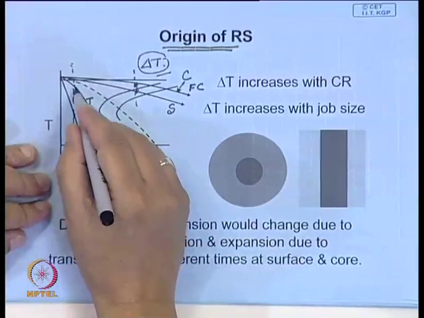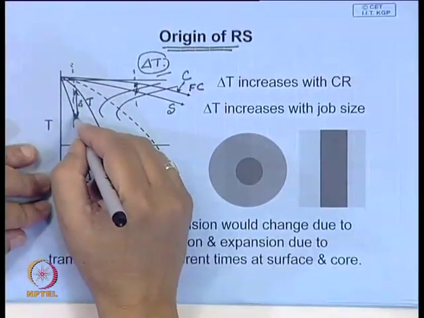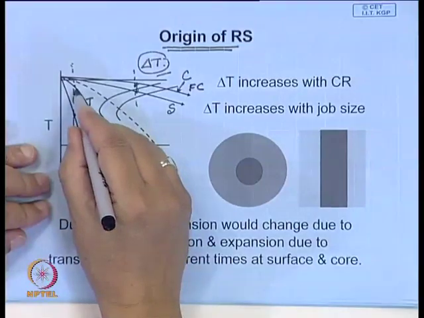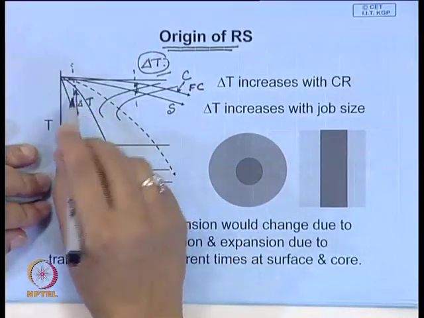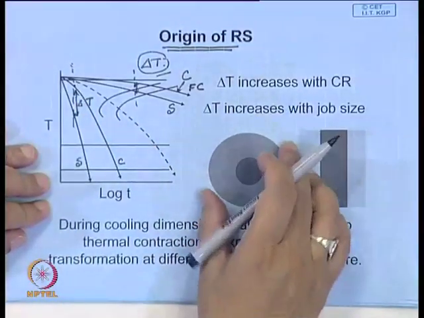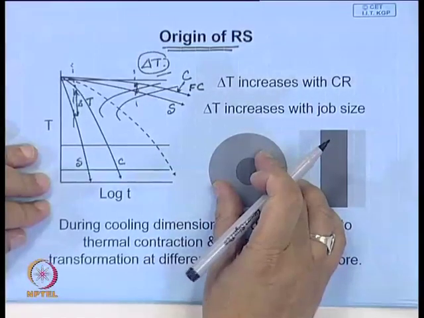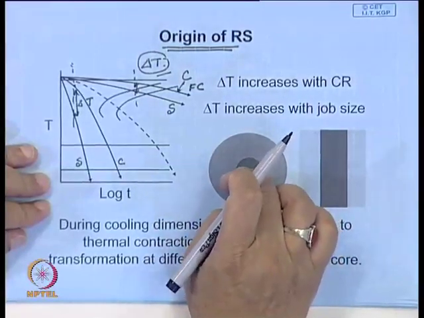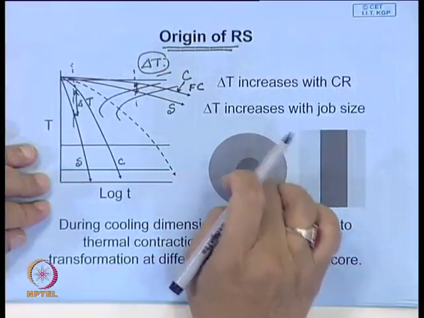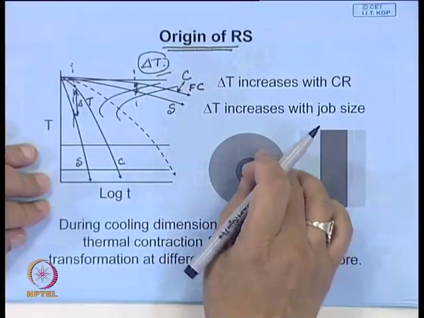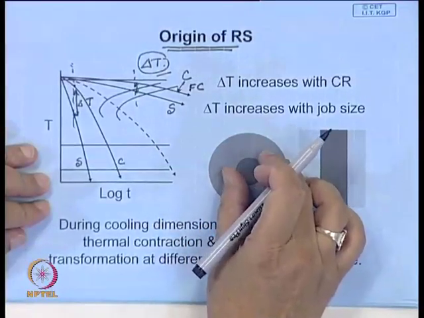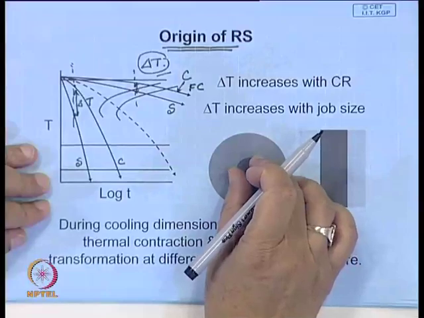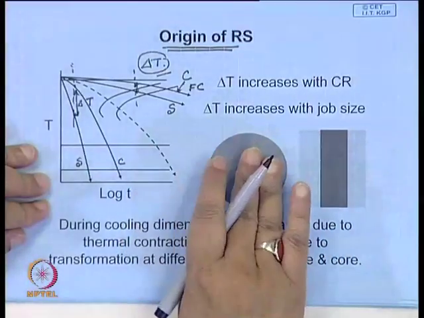So, there will be some stress. The surface has undergone much more contraction than the core, so you can imagine the surface is trying to contract, and the core's contraction is not that much. Therefore, the core will be subjected to compressive stress.